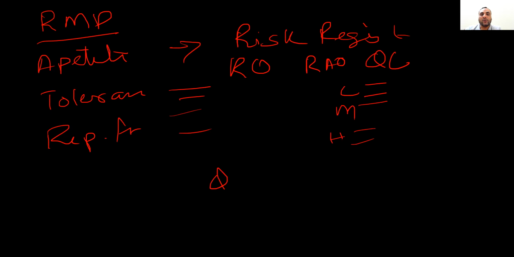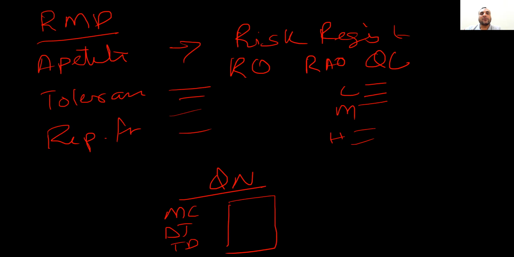And if required, quantitative is optional. So we use Monte Carlo, decision tree, tornado diagram, or any other tool to perform quantitative risk analysis so we can evaluate the management reserve. For qualitative, we evaluate the contingency reserve. So based upon that, we prepare the response.